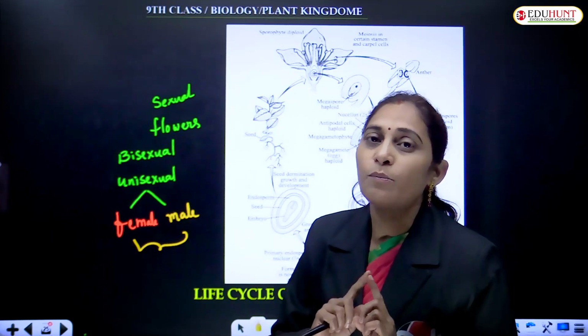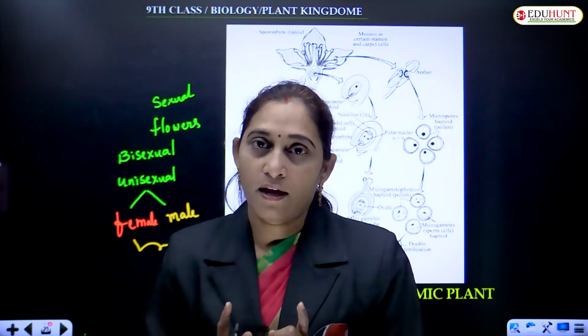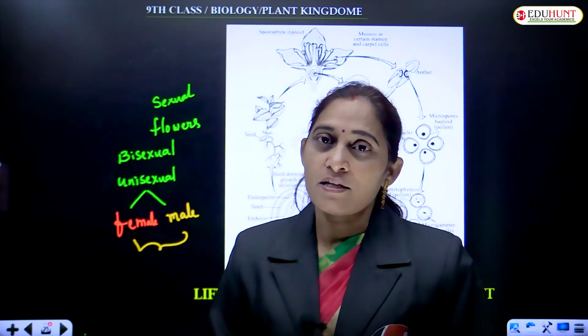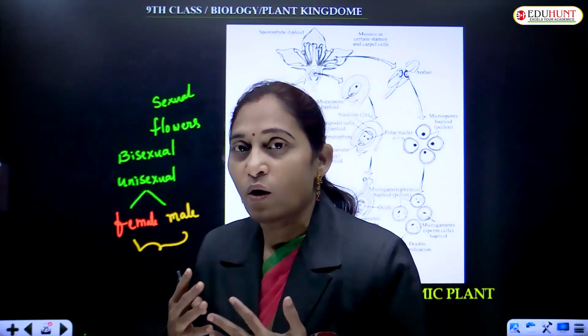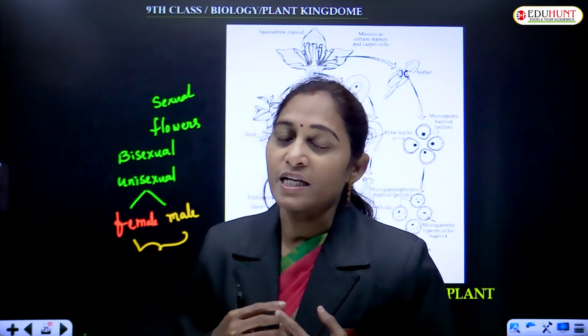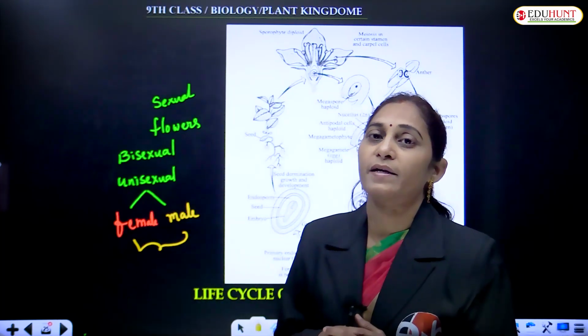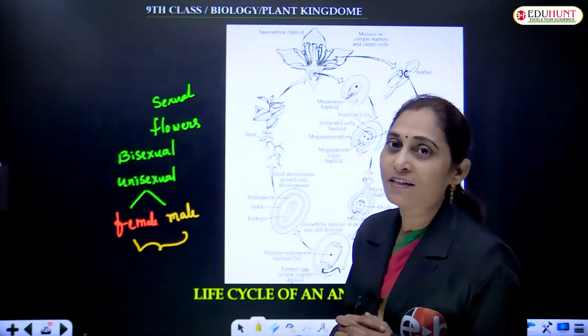Calyx, the outermost circle, is occupied by calyx, in common we say sepals. And the second whorl is occupied by petals.